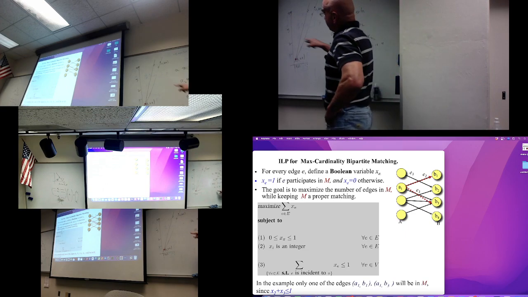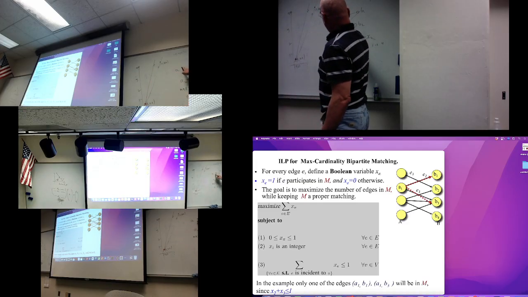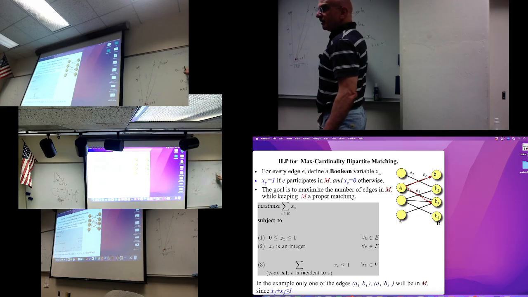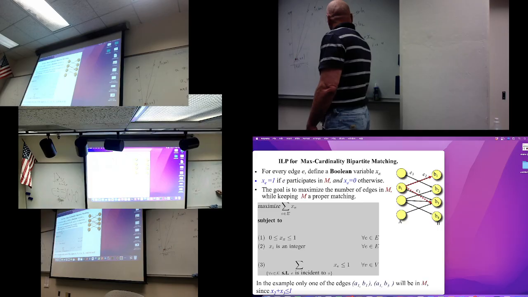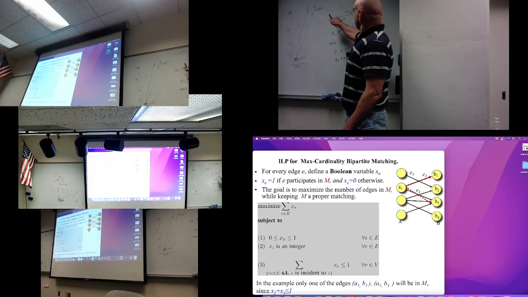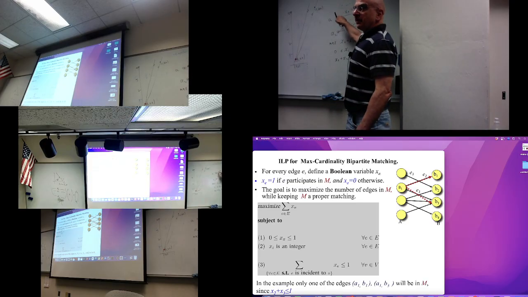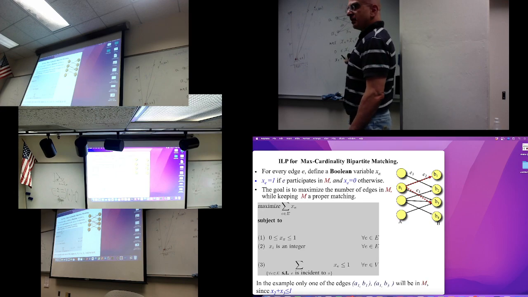My next constraint: let's focus on A1. A1 is connected to x1 and x2, so x1 plus x2 is smaller or equal to 1. That will make sure that A1 is in a monogamous relationship. It's either married to B1 or B2, but cannot marry both.